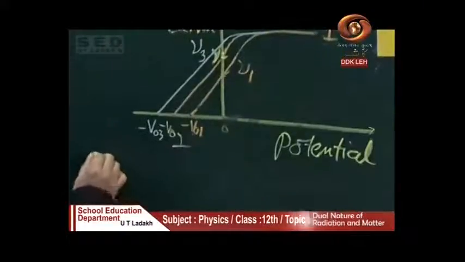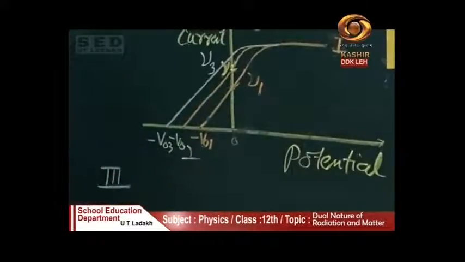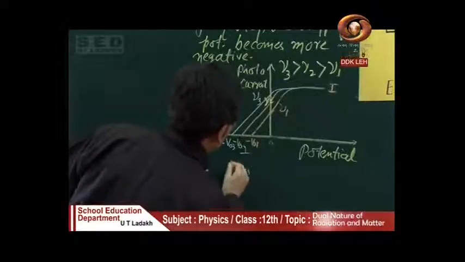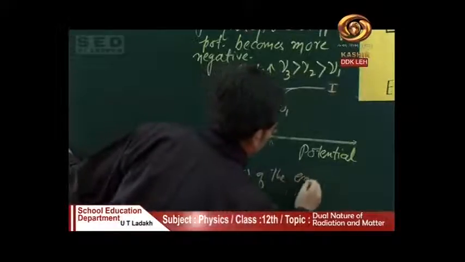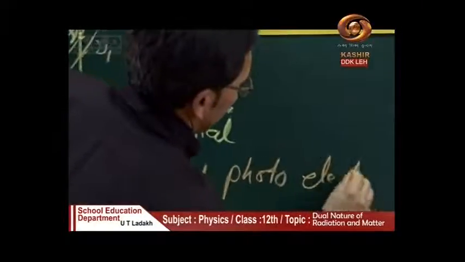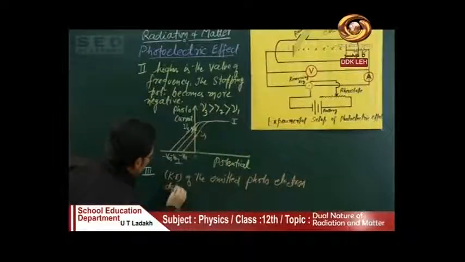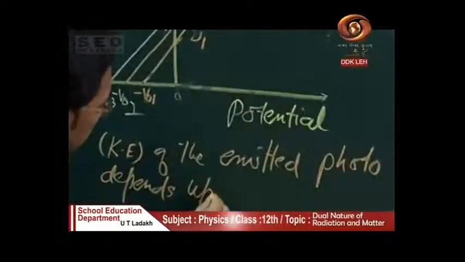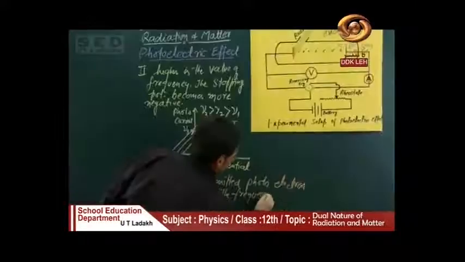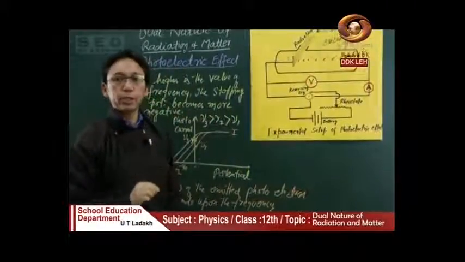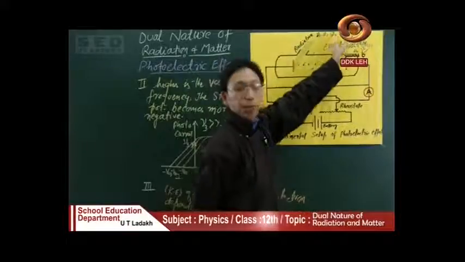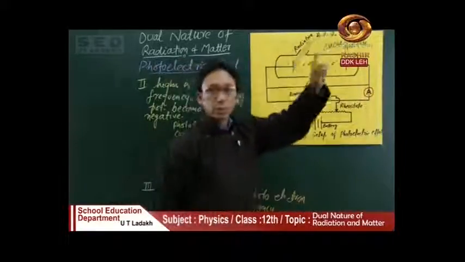Now third point, this is the third conclusion that we get from this experiment, that is, kinetic energy of the emitted photoelectron depends upon the frequency of the incident radiation, not on the intensity of the radiation used, because we have seen that we are using the same intensity of light in all the three cases, but we have just changed the frequency of the incident radiation.